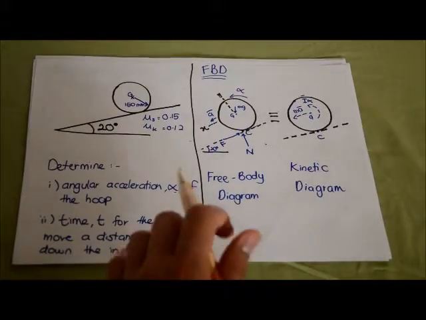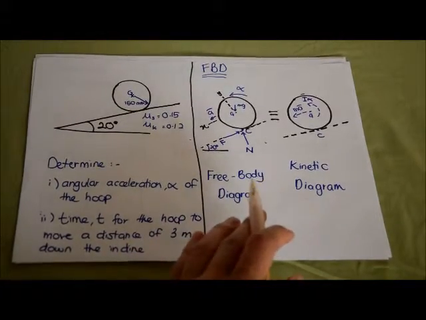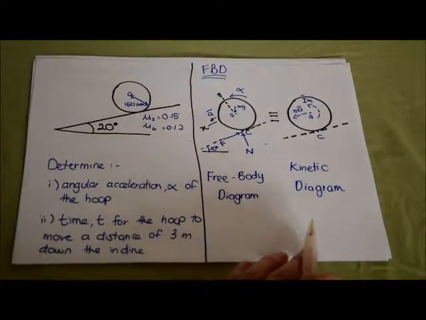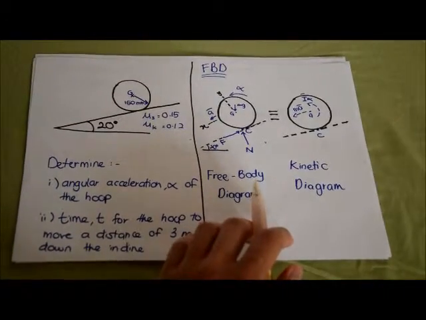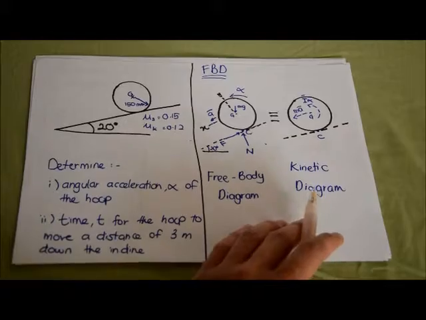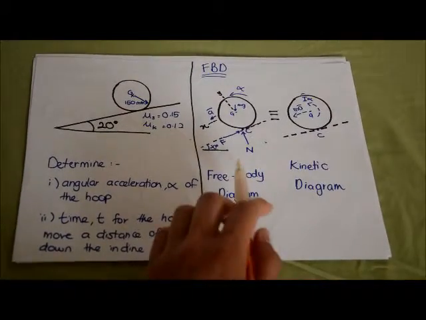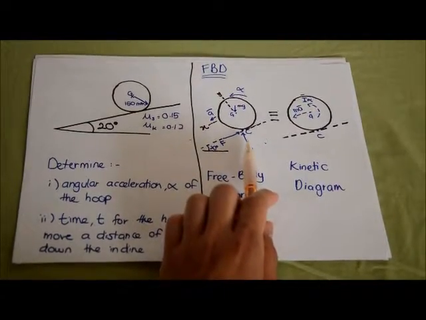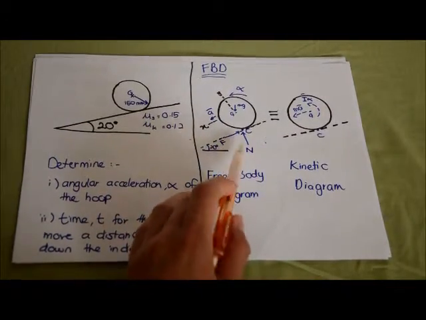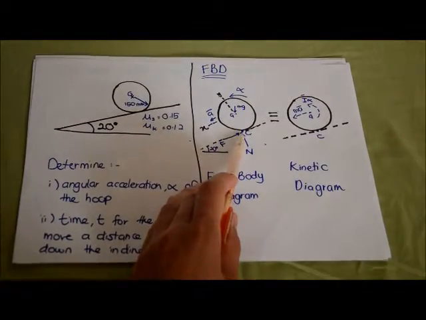So the first thing that you need to do when you get this question is to draw a free body diagram and a kinetic diagram. I have drawn the free body diagram and kinetic diagram for you. In this free body diagram, you can see the weight mg, the normal force and the frictional force acting on the hoop at the contact point C with the incline.